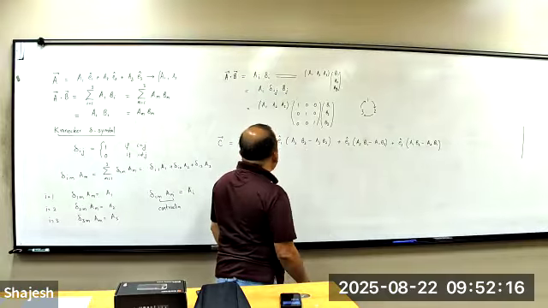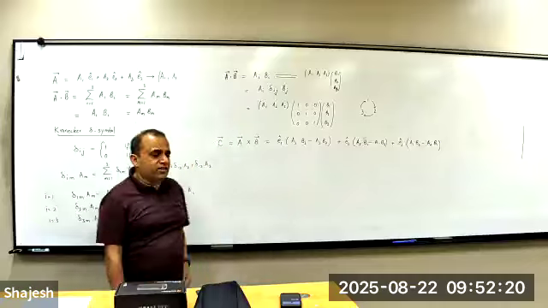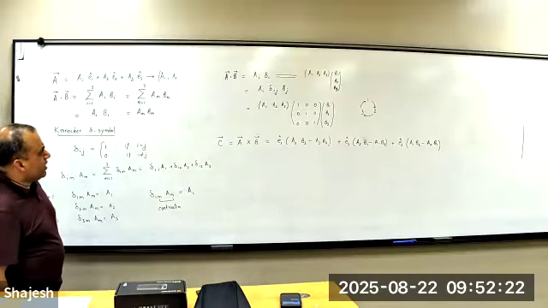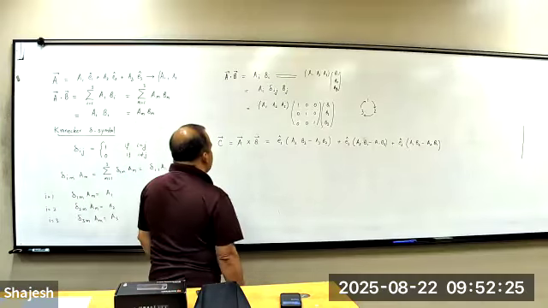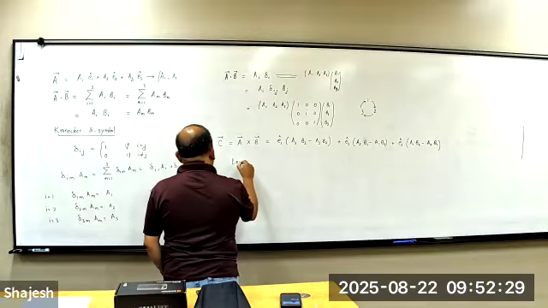We want to capture the cyclic property somehow in a symbol, exactly like we did here for the dot product. So we invoke a new identity. This is called a Levi-Civita symbol.